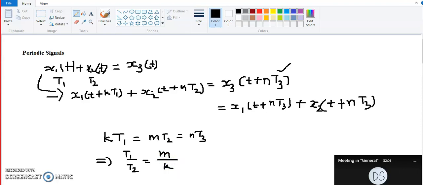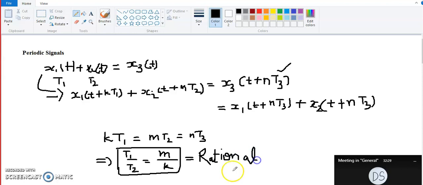So that means if the ratio of time periods of two signals is a rational number, this is the ratio of two integers, and the ratio of two integers is called a rational number. So it will be possible when the ratio of T1 and T2 is a rational number.